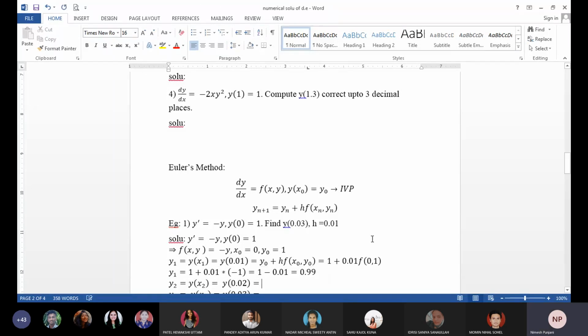Then we come to y2, that is y of x2, which is same as y of 0.02. So using the formula of Euler's method, what will be my y2?